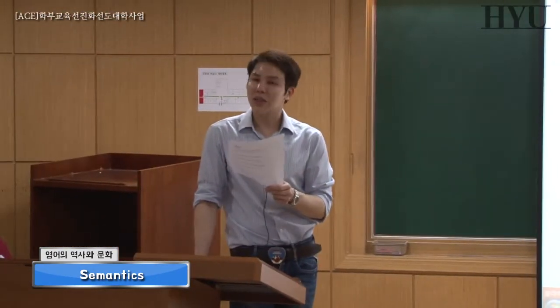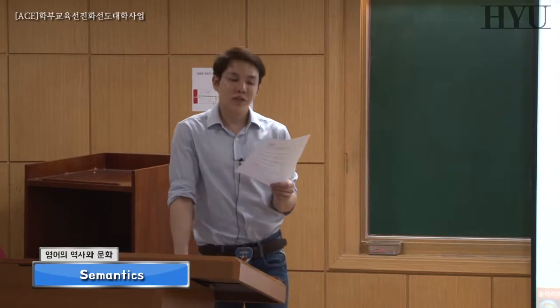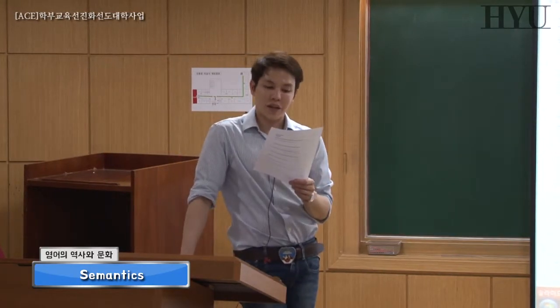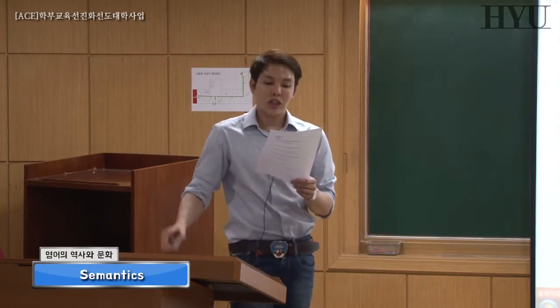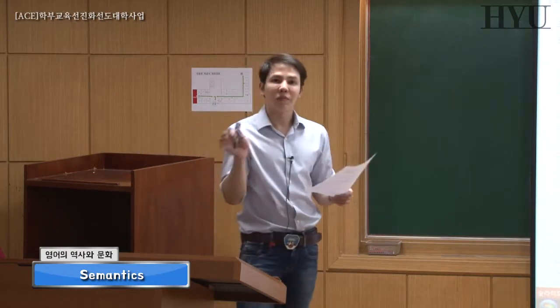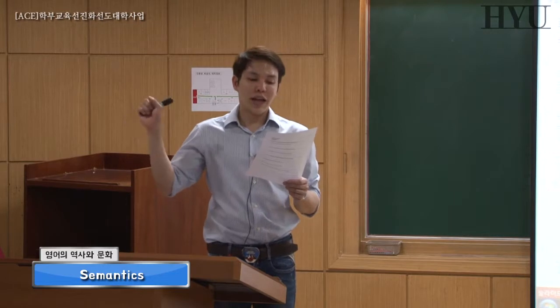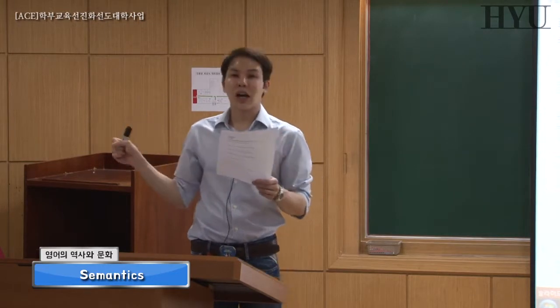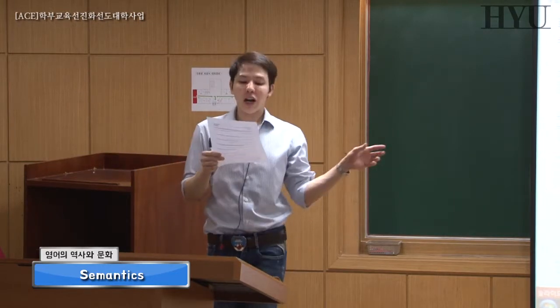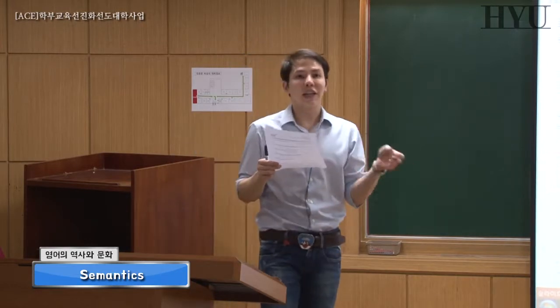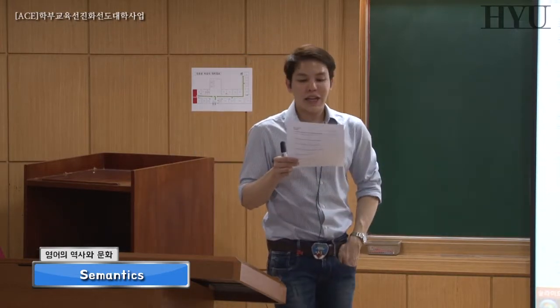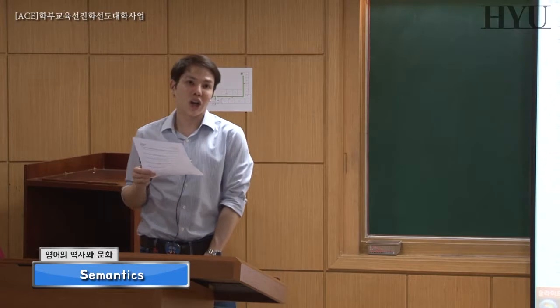In the first one, let's look at this together. John is the parent of James. So that is a statement. Is it always true that James must be the child of John? If John is the parent of James, then is it always true that James is the child of John?